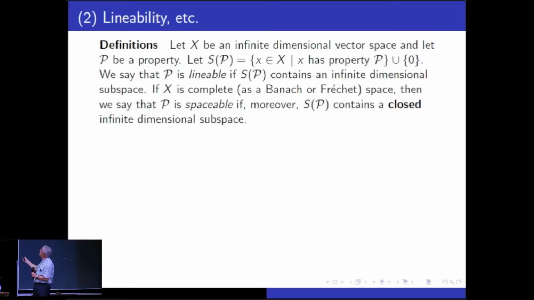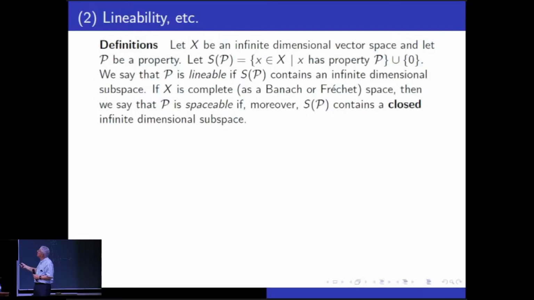So X is an infinite dimensional vector space, and P is a property, something that some vectors in the vector space may have and some vectors may not have. And S of P is those which do have the property. So it's a subset, maybe empty, but not so interesting, of this Banach space, infinite dimensional vector space.